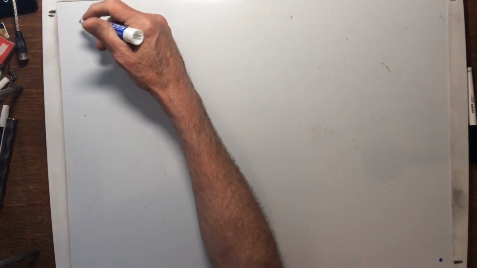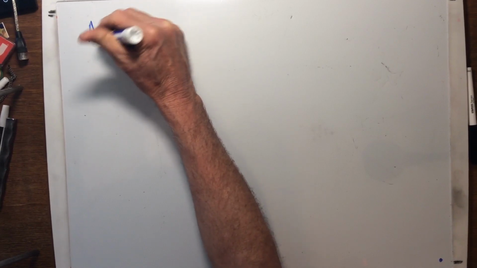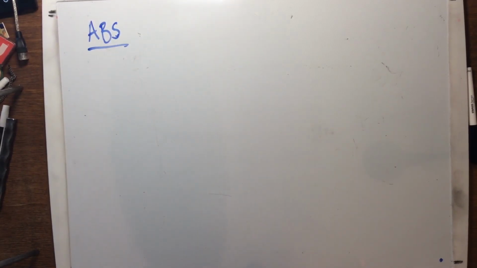The first one on your list, and I'm not going to try to spell it, has the short name ABS, which is acrylonitrile butadiene styrene. Try to say that 3 times real fast. Acrylonitrile butadiene styrene. Okay, and you see that as the first on your list.